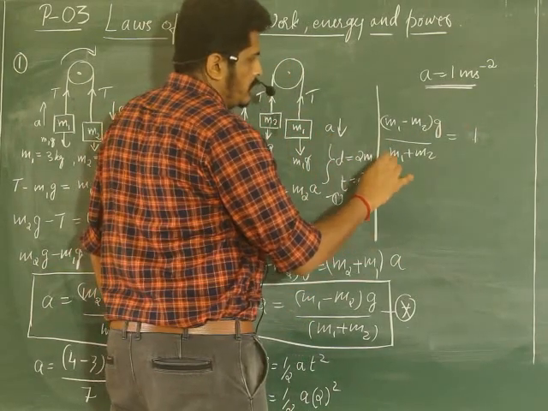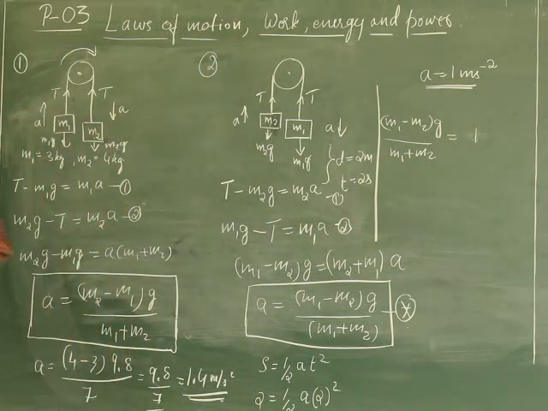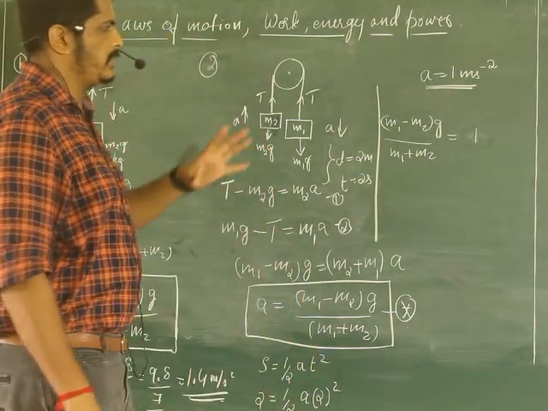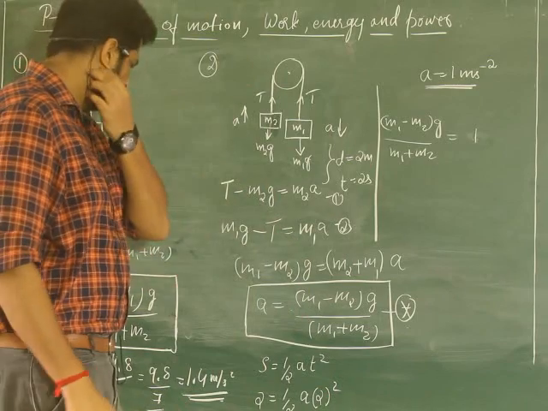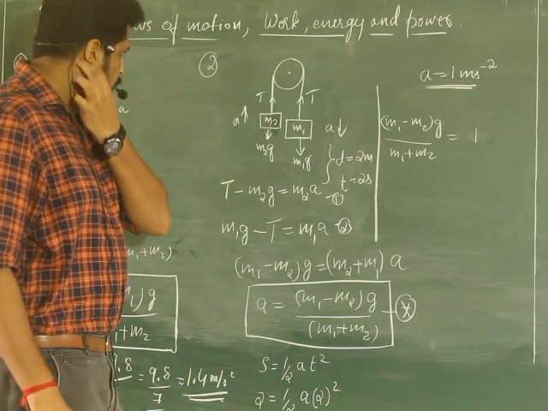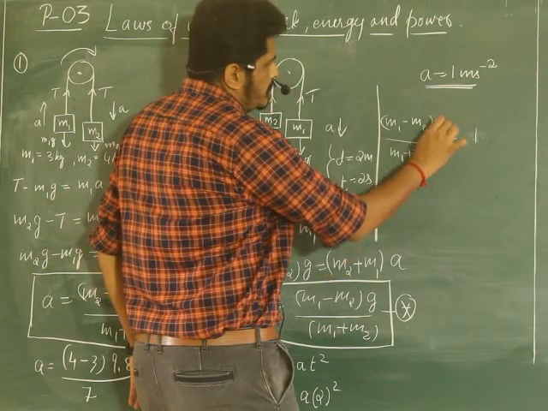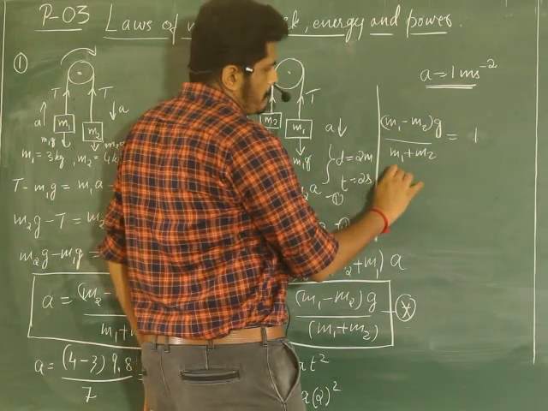Next, what about the value of g? They didn't mention it in the question. But suppose we keep g as it is, then our options also should have contained g, no? But it is actually a numerical, so they get cancelled. So now g I will take as 10, okay?